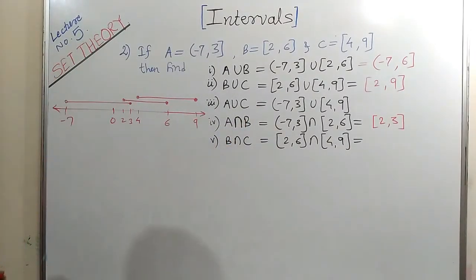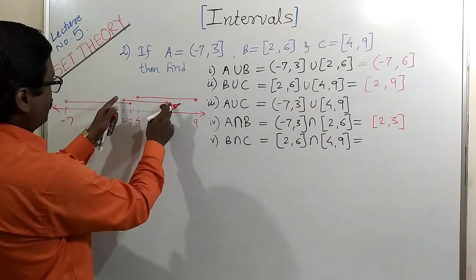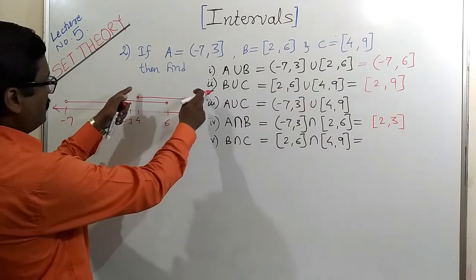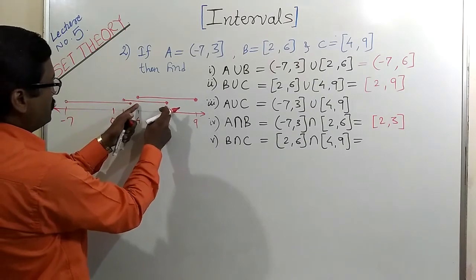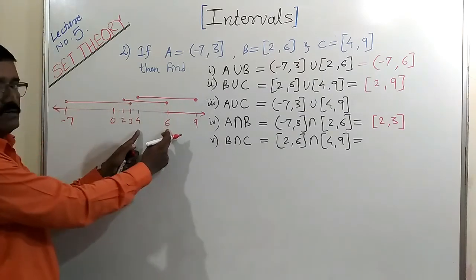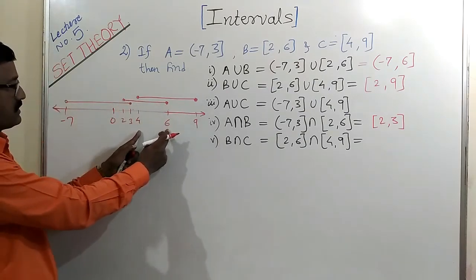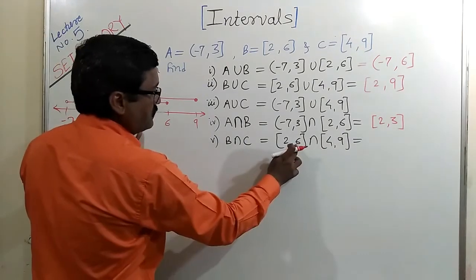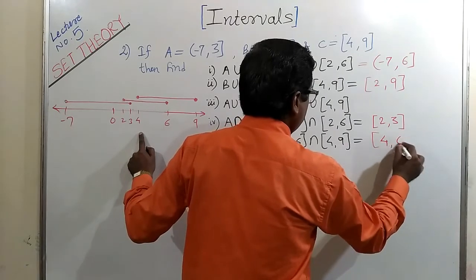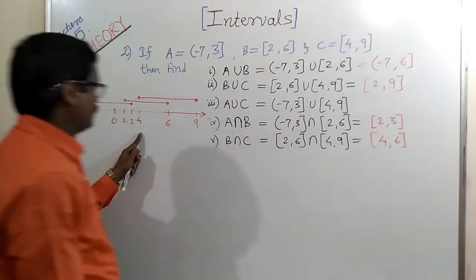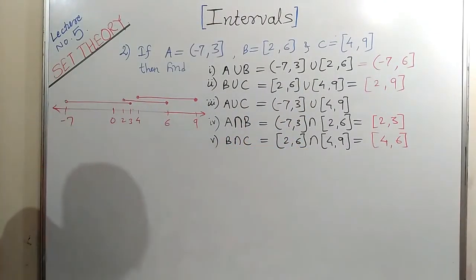See those two intervals. 2 to 6 is this segment, and 4 to 9 is this segment. What will be the intersection, the common part between them? This portion, that is close interval 4 to 6, because 4 is included and 6 is also included here. Okay, this much.